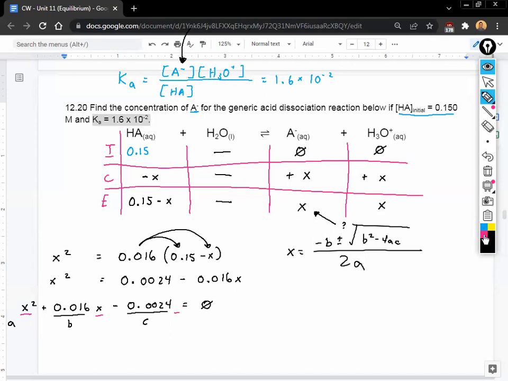All right. So I'm going to start plugging things in. If you feel comfortable plugging this in, please go ahead and do so just so you can get that practice in.